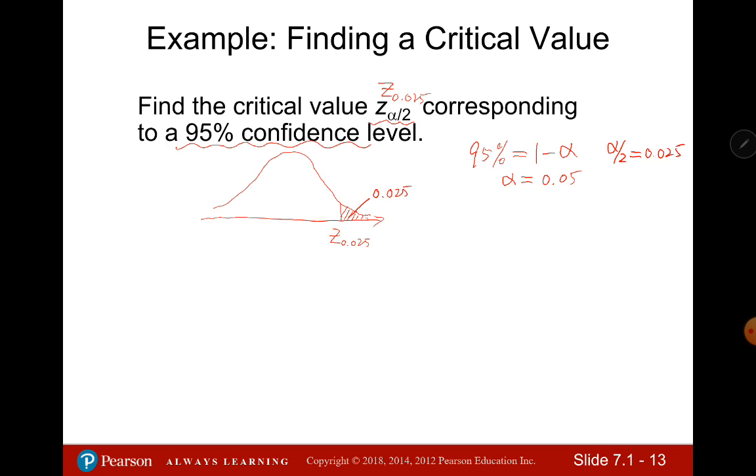But can we directly use 0.025 to check the z-table? No, of course not, because 0.025 is not the area cumulative from the left. It's the right tail area, but we always need the left side area. So we should first get the area cumulative from the left, then use that value to check the z-table.